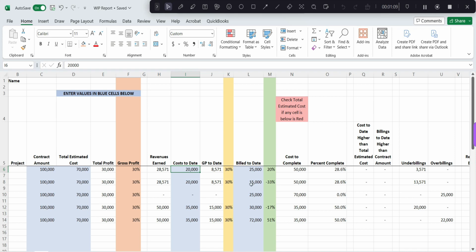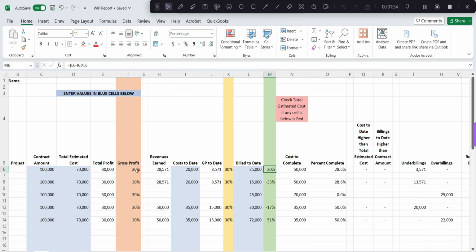Scenario 1, you have $20,000 cost to date, $25,000 billed to date. Now, if you calculate gross profit percentage just off of the billings and costs, you're at 20% gross profit. That I'll show you right here is your $25,000 minus $20,000 divided by the billings to date, 20%.